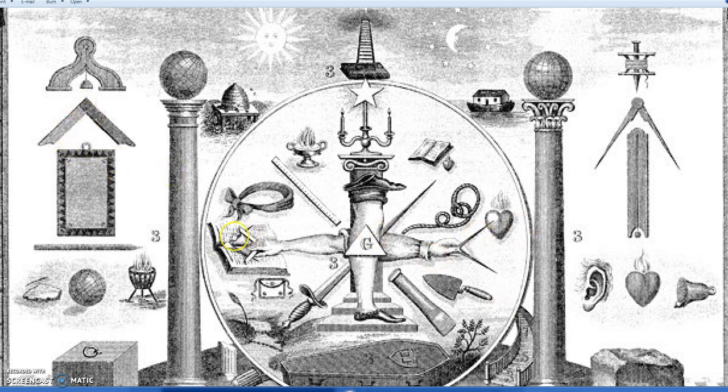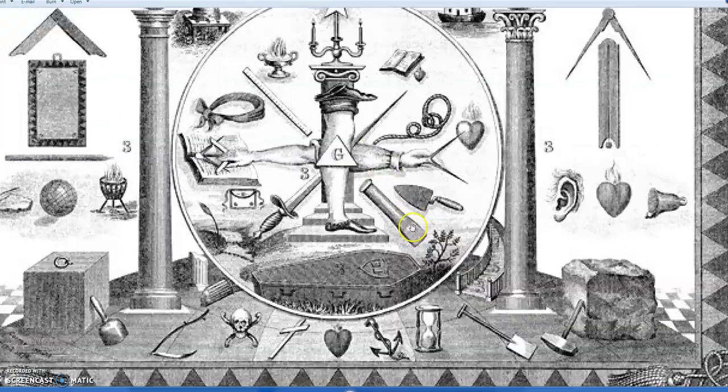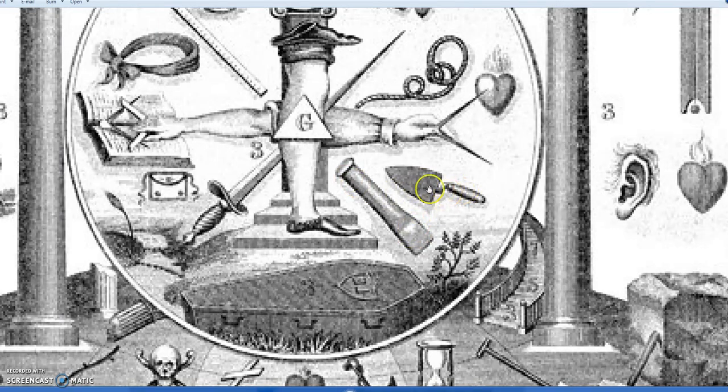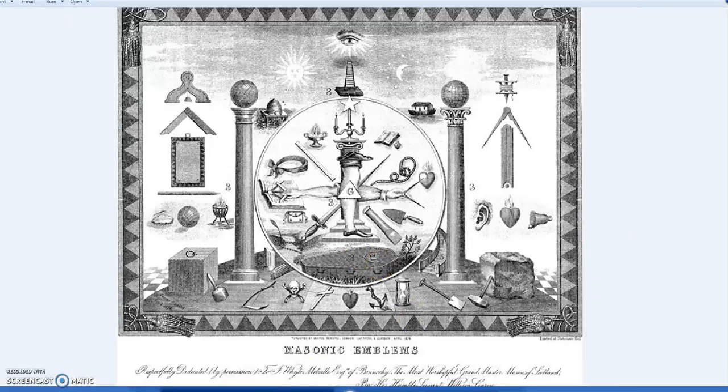You see the compass and the square, geometry, the ruler. Again, the compass, the scales and plumb line, the level. All of these are ancient, the chisel and the trowel, as in tilers, acacia, and some other ancient symbols.